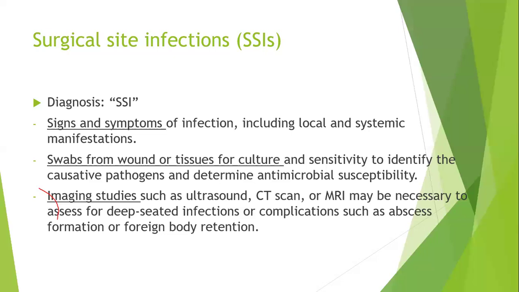They had a patient recently in our ICU, a surgical patient who had gastric perforation and came down with septic shock, on double vasopressor and broad-spectrum antibiotics, but the patient wasn't getting better. We found out that this patient had an abscess collection intra-abdominally, and we were able to diagnose this with the use of ultrasound. So imaging studies may help you to identify the source of infection. Remember that as long as the source is there, no matter the antibiotics you are flogging the patient with, the patient will not get better.